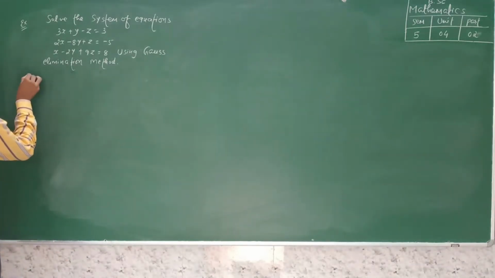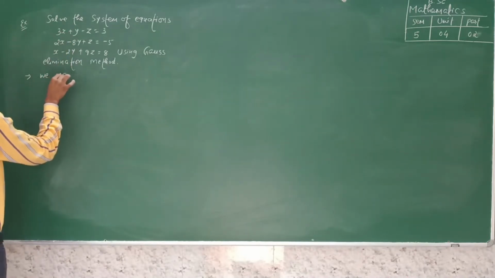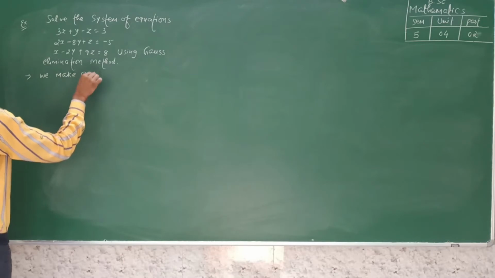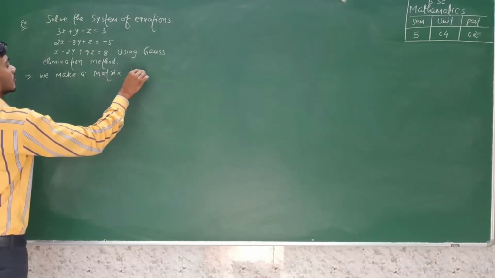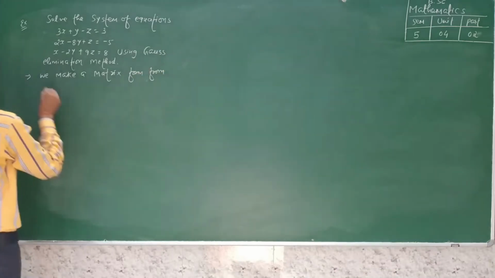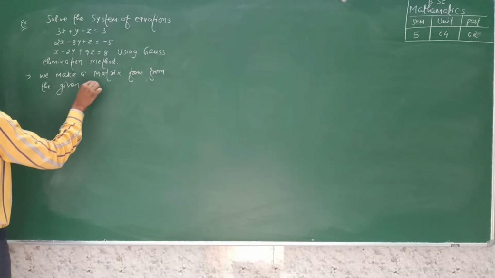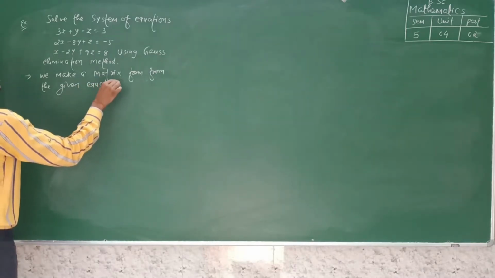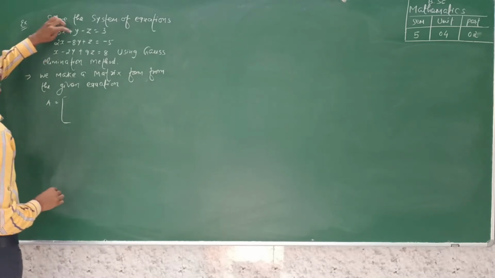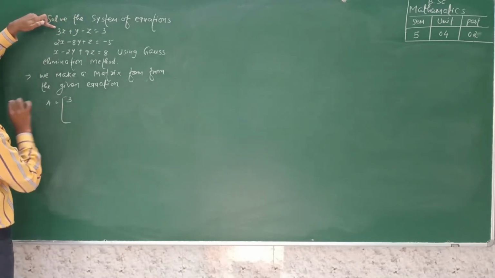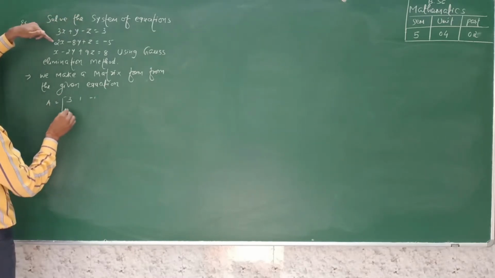So in the Gauss elimination method, we make a matrix form from the given system of equations. A is equal to the coefficients of the variables x, y, z. The coefficients of x, y, z in the first row are 3, 1 and minus 1.